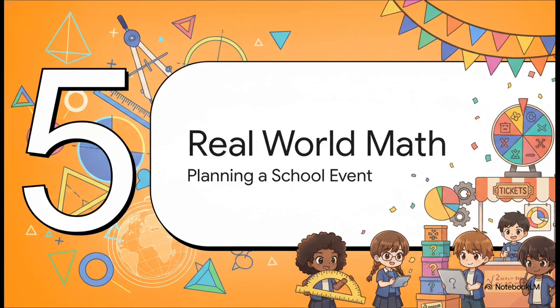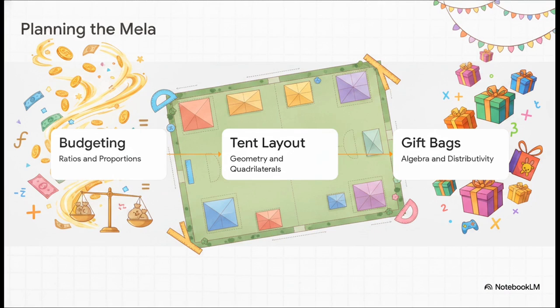All right, Section 5, Real-World Math Applications, Planning a School Event. So, we've explored the whole map, but what's the point of it all? Let's get to the climax of our story, planning a massive school mela. Let's walk through the steps. Step 1 is budgeting. To buy ingredients for the food stalls without running out of money, we use ratios and proportions.